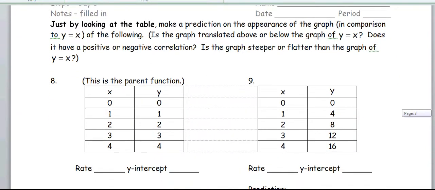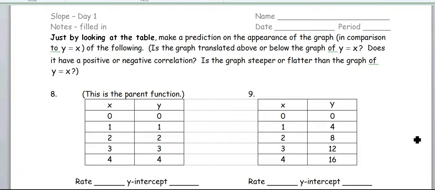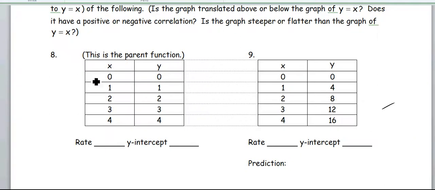All right. So now we're going to look at our tables, and we're going to talk about how to tell the prediction of a graph based on the table. So as I look at this, I see my x values go from 0 to 1 is plus 1, 1 to 2 is plus 1, 2 to 3 is plus 1, 3 to 4 is plus 1.